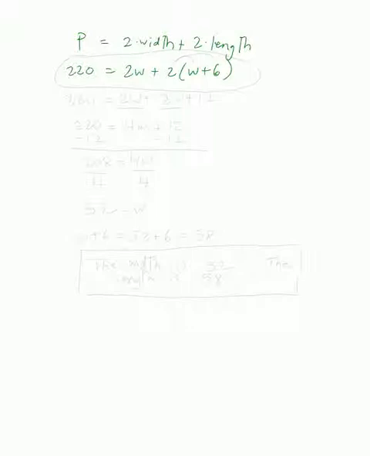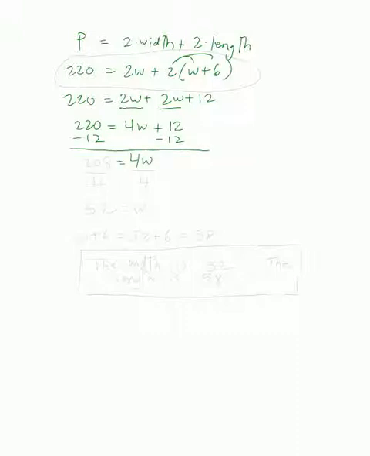So this is how we set up a geometry problem. Let's go ahead and solve this. In this case, we have to distribute the 2, don't we? So we get 220 equals 2W plus 2W plus 12. Combine our like terms, we get 4W plus 12 equals 220. Subtract 12 from both sides.